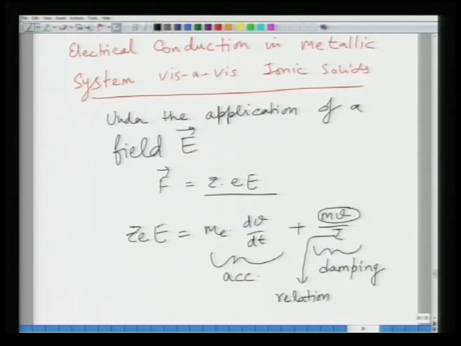This term arises because when an electron moves in a lattice under the influence of an electric field, it does not keep on accelerating because it undergoes many collision events. These collisions may be because of lattice phonons, impurities, grain boundaries.